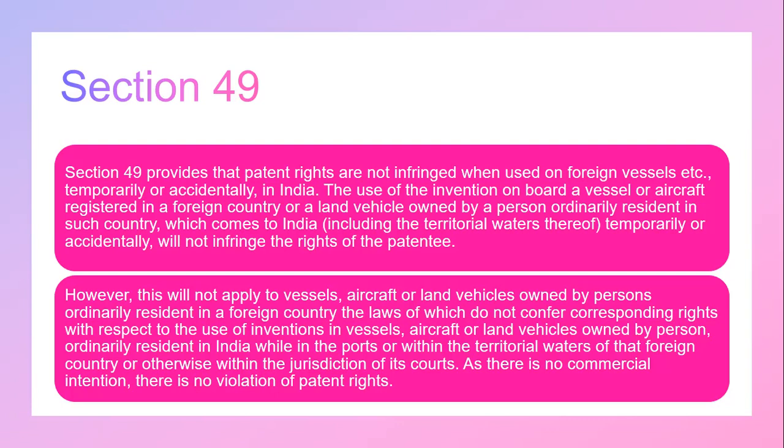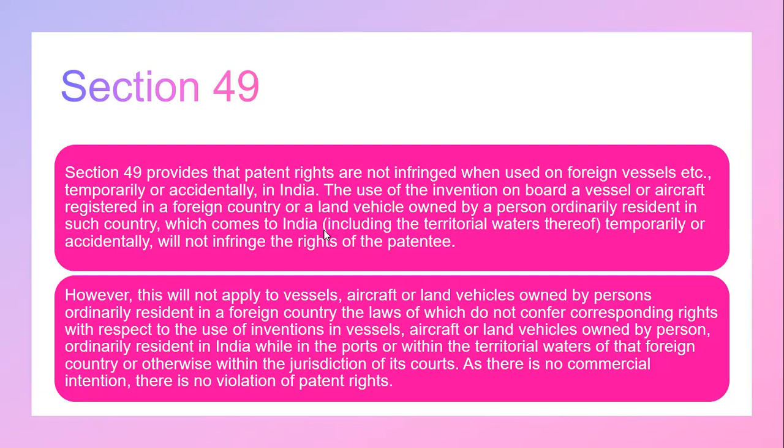The use of the invention on board a vessel or aircraft registered in a foreign country, or a land vehicle owned by a person ordinarily resident in such country, which comes to India, including the territorial waters, temporarily or accidentally, will not infringe the rights of a patentee.